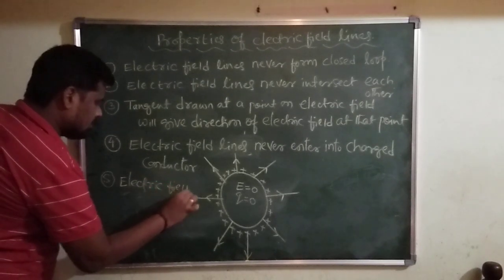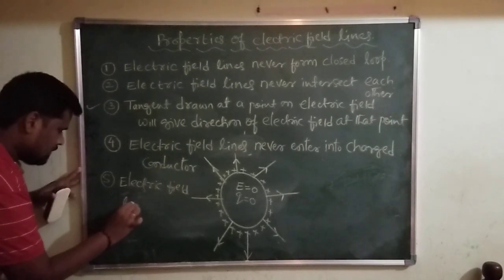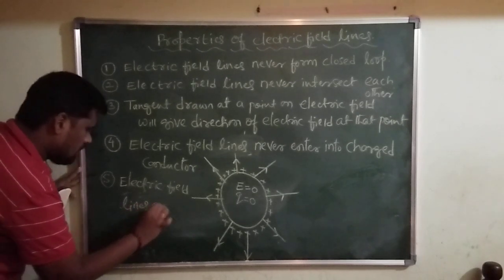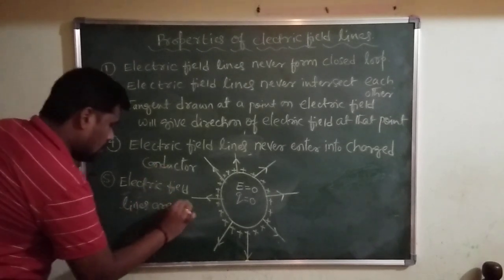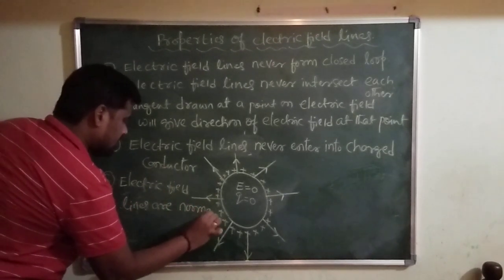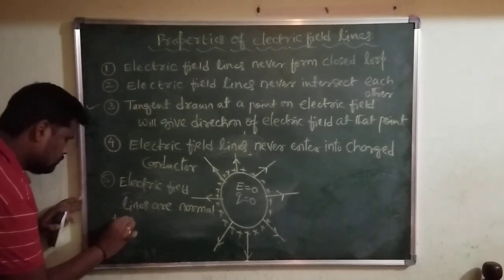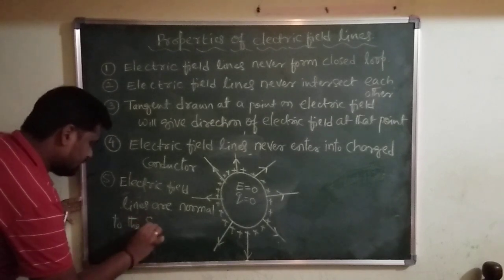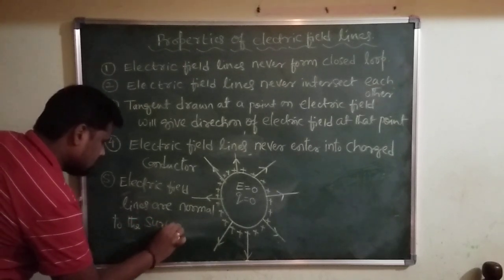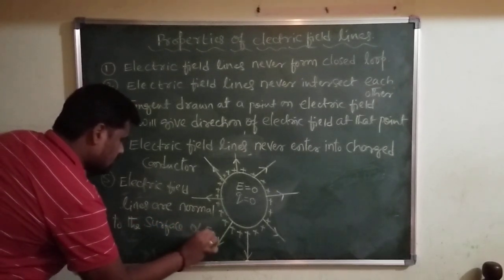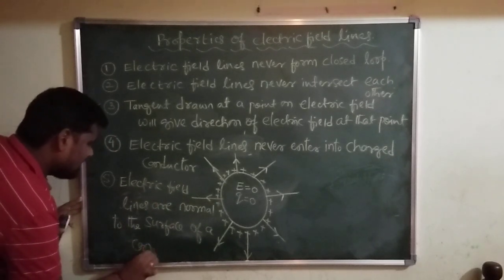Electric field lines are normal, that is perpendicular, to the surface of a conductor.